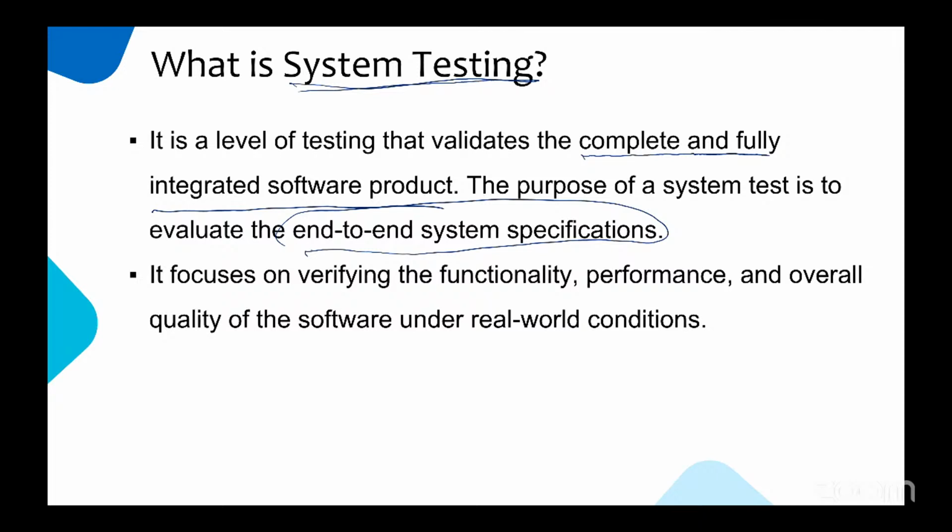OTP comes, successful login. Search the product, compare the product, add the product, and then payment. Payment has multiple ways. After that, successful payment, whether the money was debited from the account, then notification, message, mail. After that, the delivery process starts.